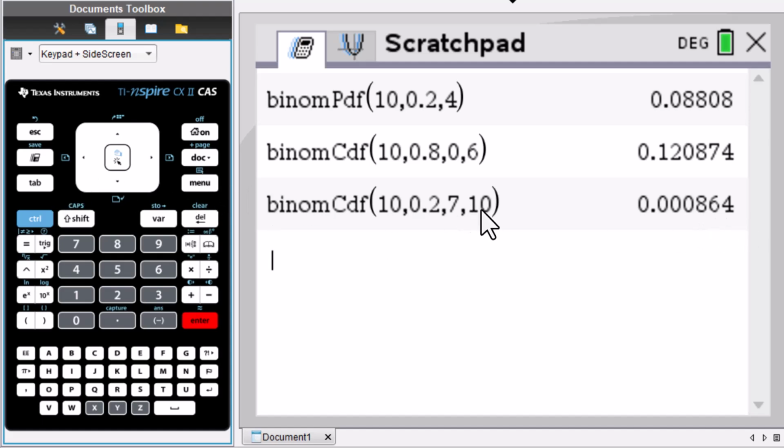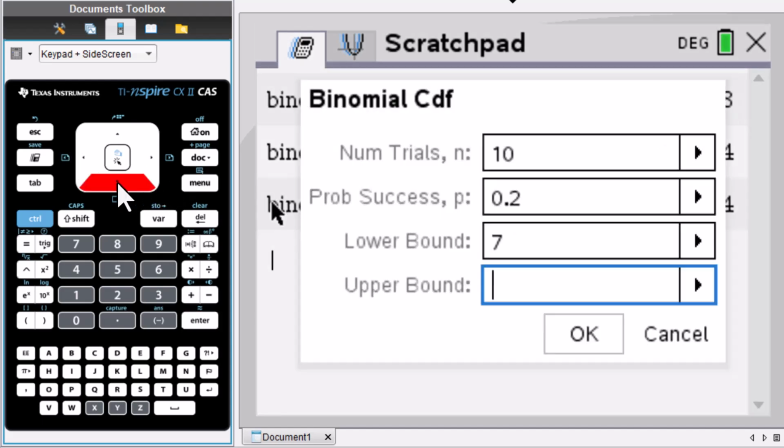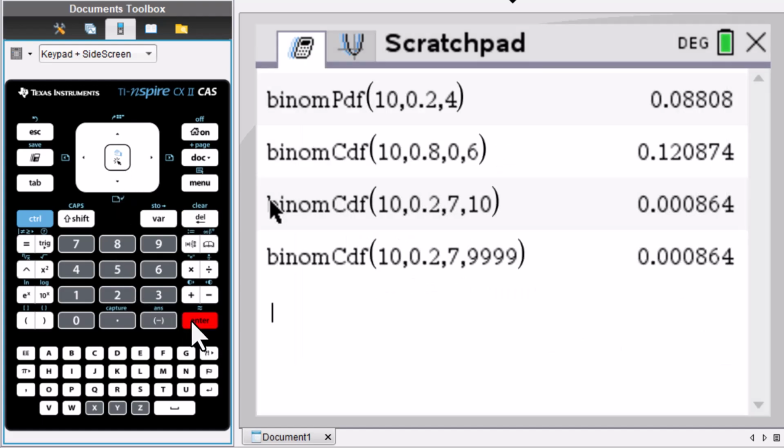You can change this 10 into a big number. For the upper bound, let's do nines. Use 4 nines. Enter, enter. See, you got the same answer.